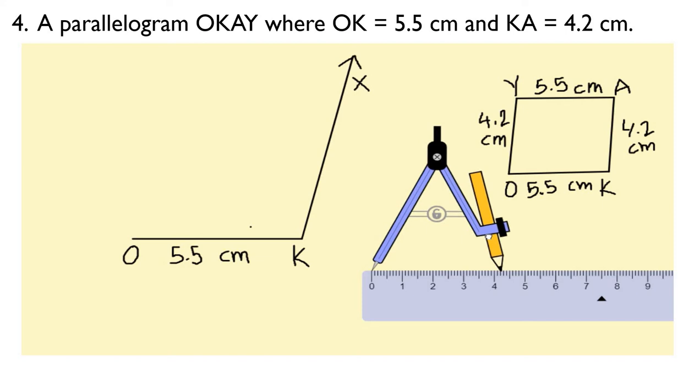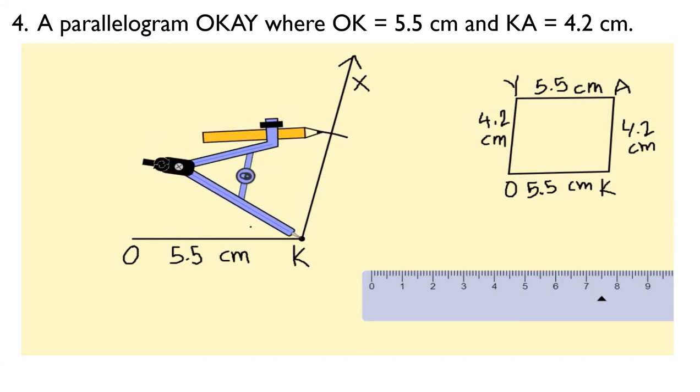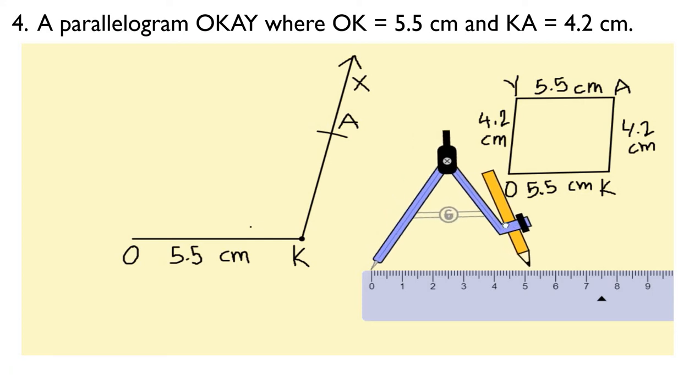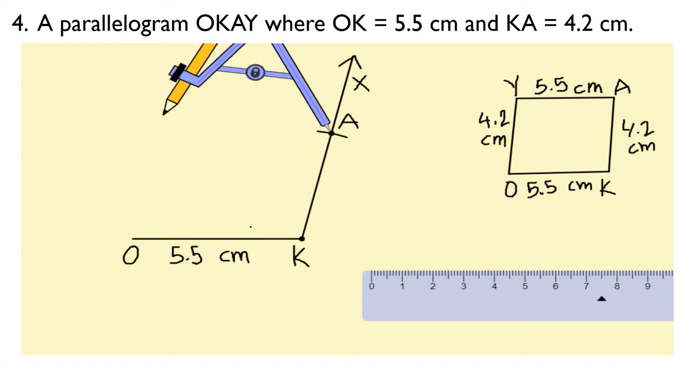With the help of compass, we select the radius 4.2 centimeter and with center K, cut off the ray KX at 4.2 centimeter and mark it as vertex A. Again, we select the third measurement, that is 5.5 centimeter, with the help of compass, and this time with center A, we draw an arc of 5.5 centimeter above line segment OK.